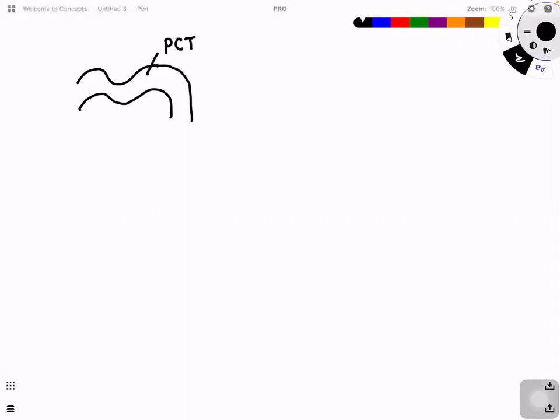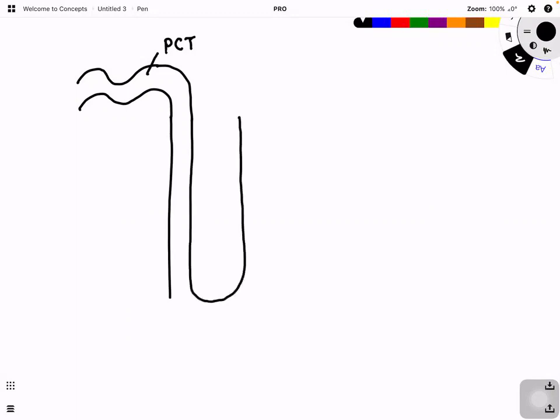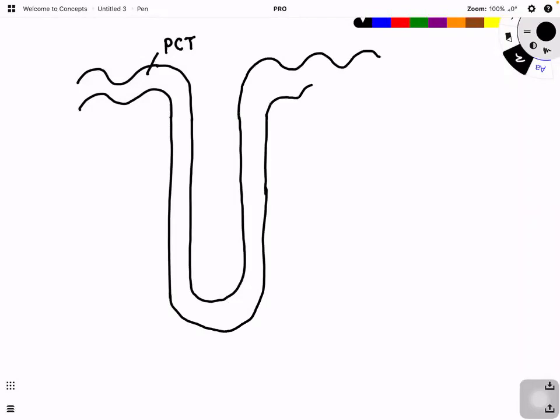So it enters into the loop of Henle, and from the loop of Henle, makes a U-turn. Then it enters into the DCT, and from the DCT, it enters into the collecting duct. Okay, this is how the nephron is made.